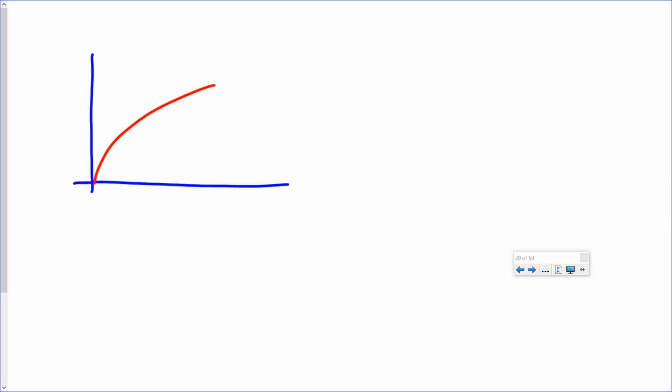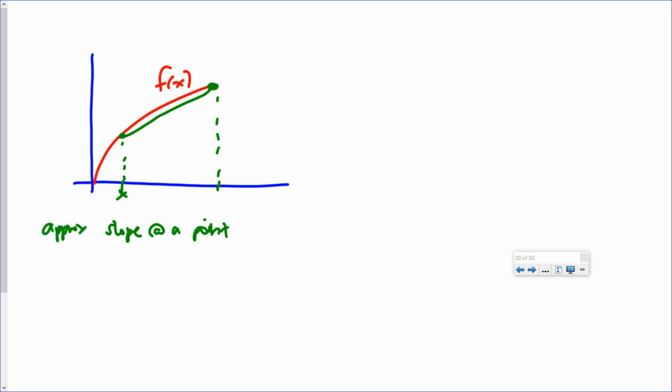Okay, so before we did integration, we said, hey, if we wanted to approximate a slope of a tangent line, or approximate a slope at a point, what we had to do is draw a secant line. Do you remember this? Yes. And this was at x, and then we went out to x plus h.